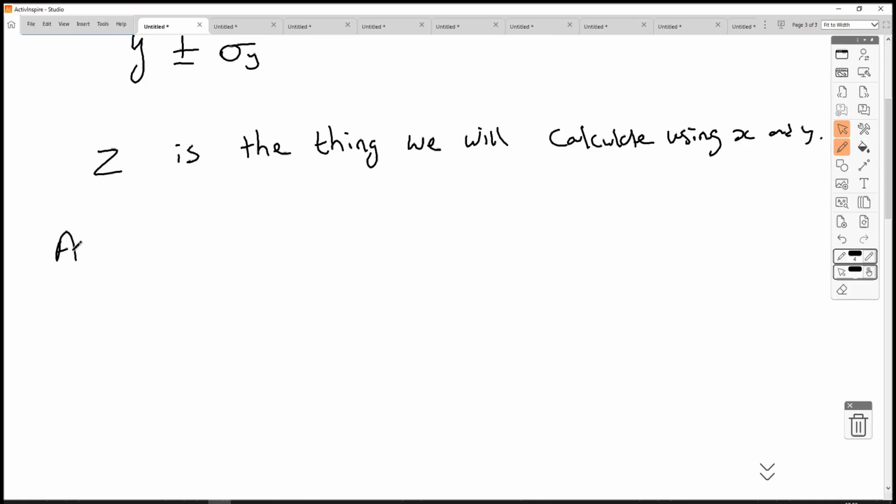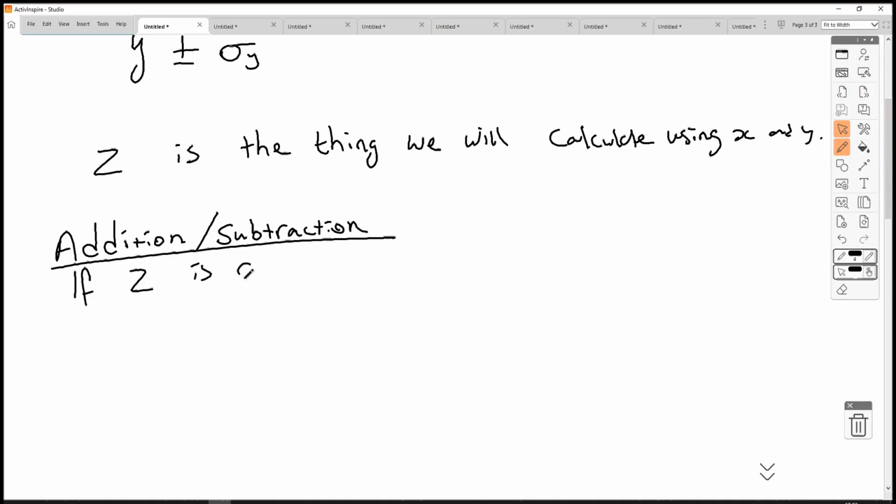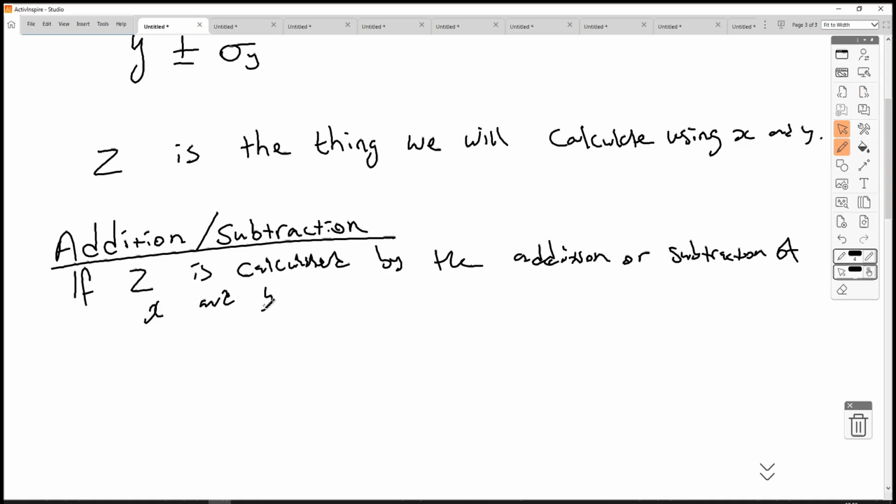So we start first with addition or subtraction. So this is if z is calculated by the addition or subtraction of x and y.